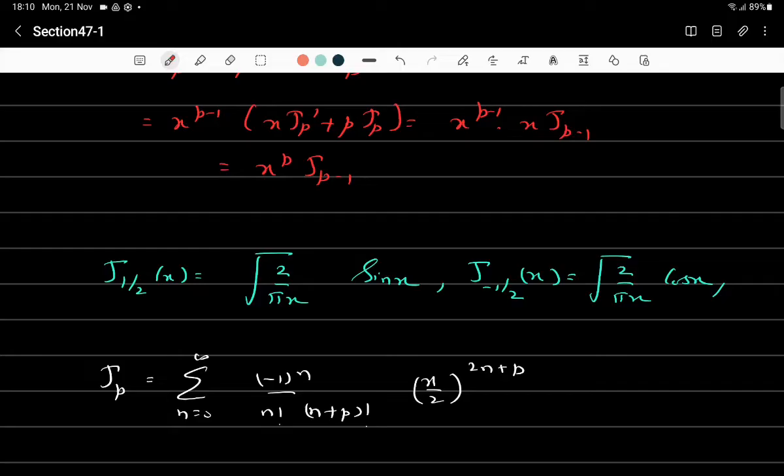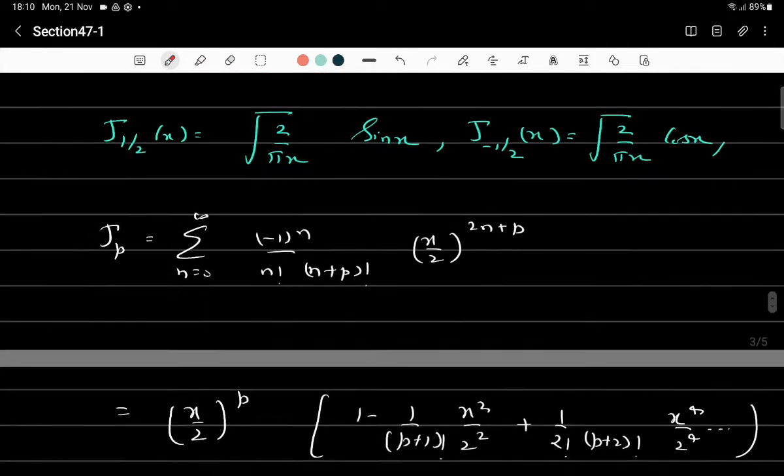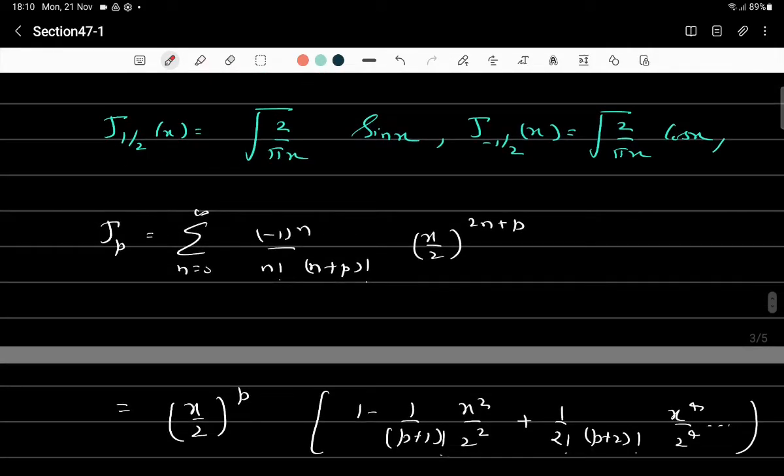So that's why I can try to take the term p outside of the summation. x by 2 raised to the power p can be easily taken out, and if you see the summation, then this is how the remaining terms look like.